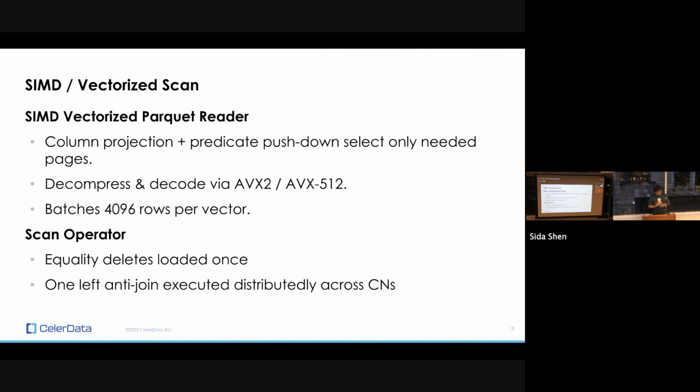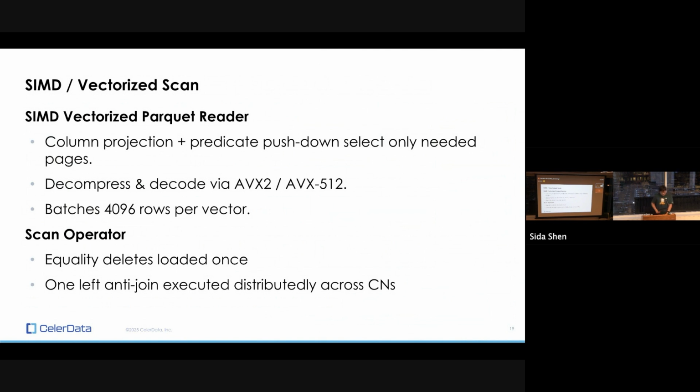And also we have optimizations on the scan operator, right? I'm not sure if you guys are familiar with equality delete files for Apache Iceberg. That's basically a kind of update mechanism that is very fast to write, but incredibly slow to read, right? So basically, they just record the equals value of the field that you don't need, right? So basically a soft delete.